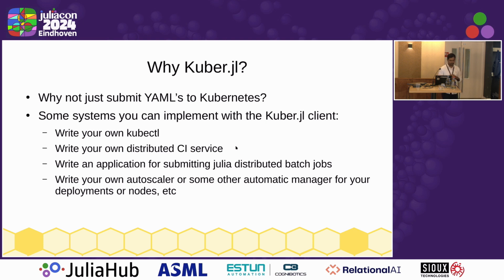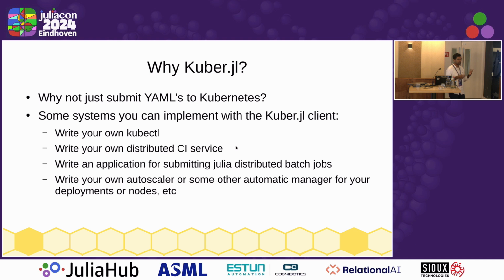Typically, people use a thing called kubectl as a command line client, and there are things like the Kubernetes dashboard. If you're just getting started and you just want to experiment, you could maybe write your own client like this. Slightly more advanced, you could write a distributed CI service, which is quite useful.